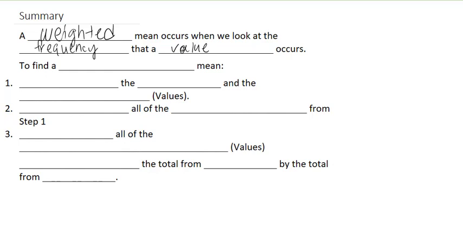So to find a weighted mean, we would do the following steps. We would multiply the frequency and the number of entries or values. So multiply the frequency and the number of entries.